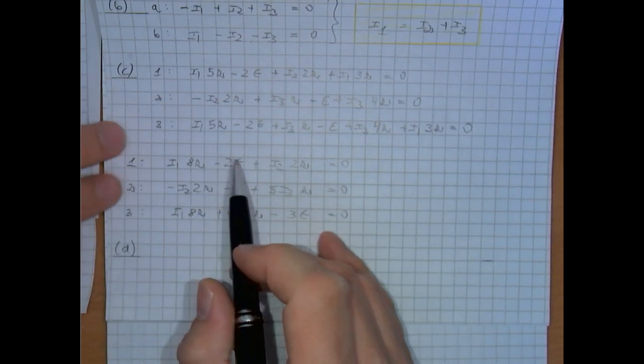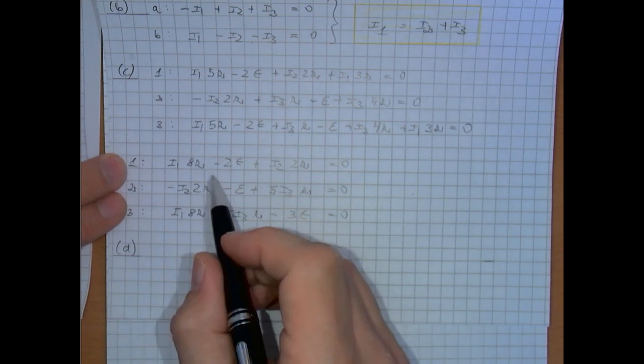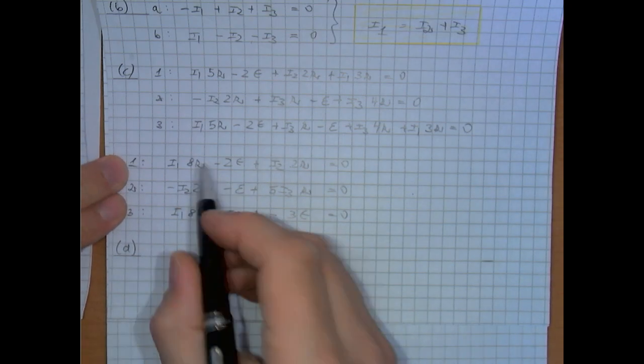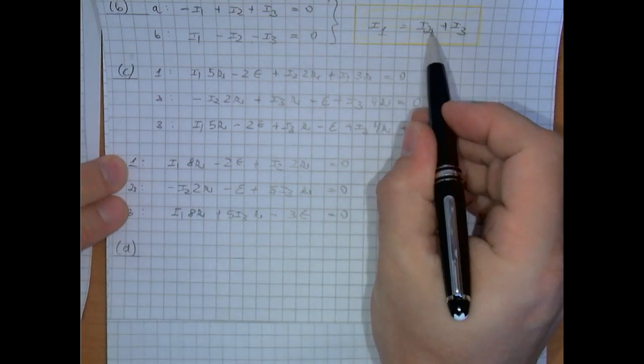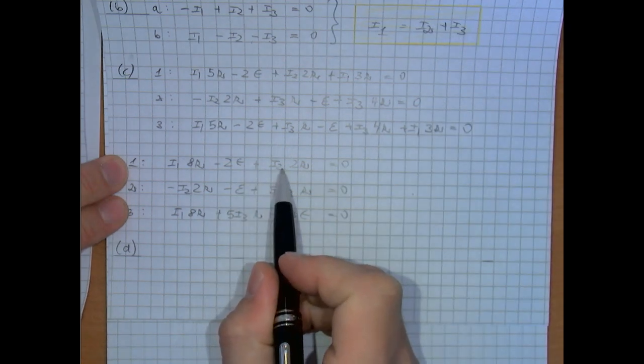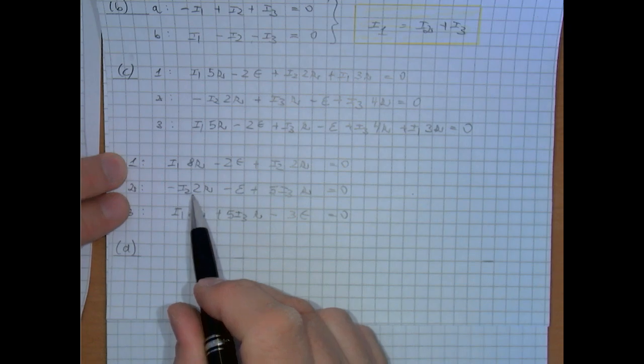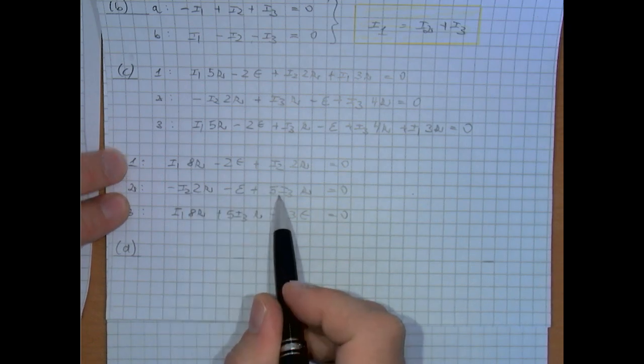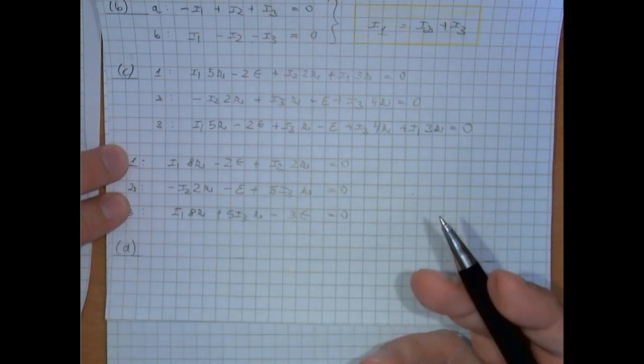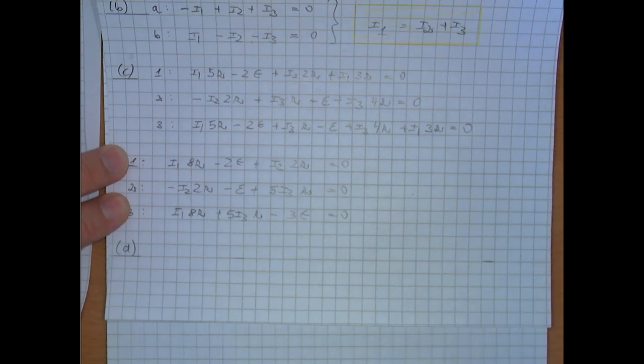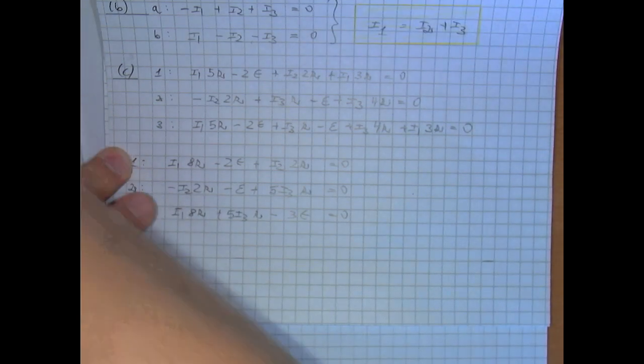Let's first begin by realizing that I1 can be replaced by I2 plus I3. Then I have an equation involving I2 and I3, and the second equation also involves I2 and I3. Then I have two equations with two unknowns, and I solve that. And then we take another one and solve them for I1.